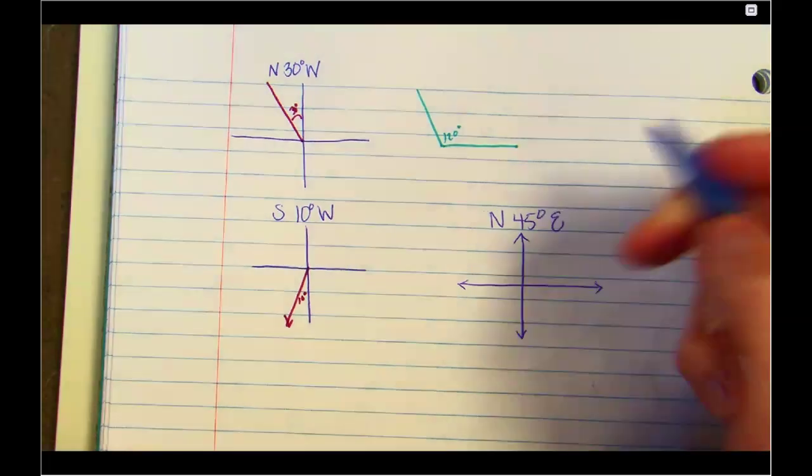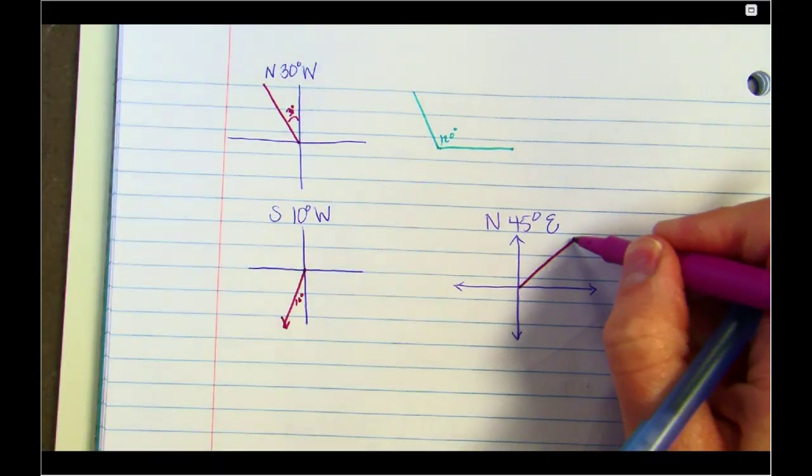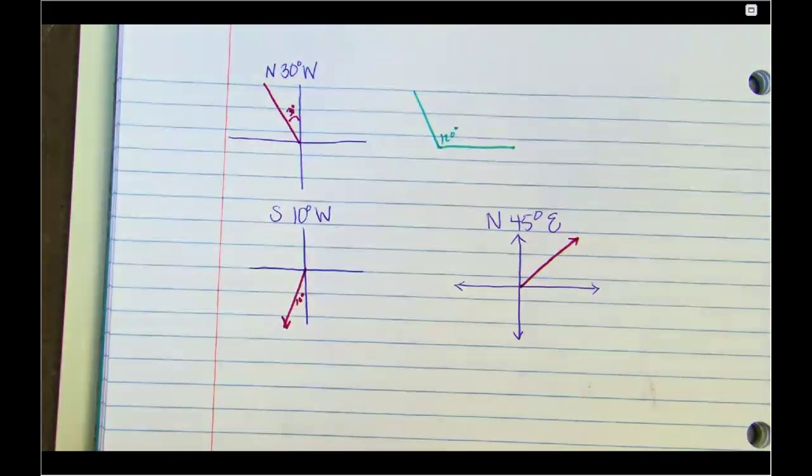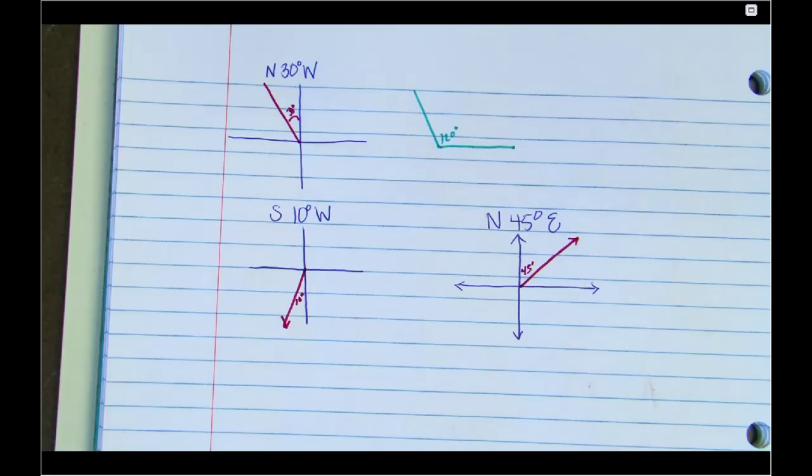Okay, north 45 degrees east is exactly in the middle, right? So north 45 is half of one of those, so it's 45 degrees in here. 45 degrees the other way too.